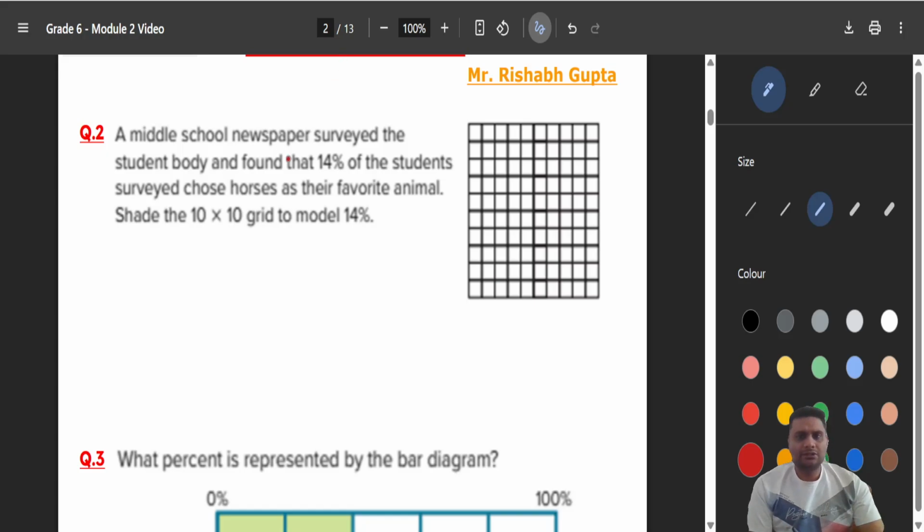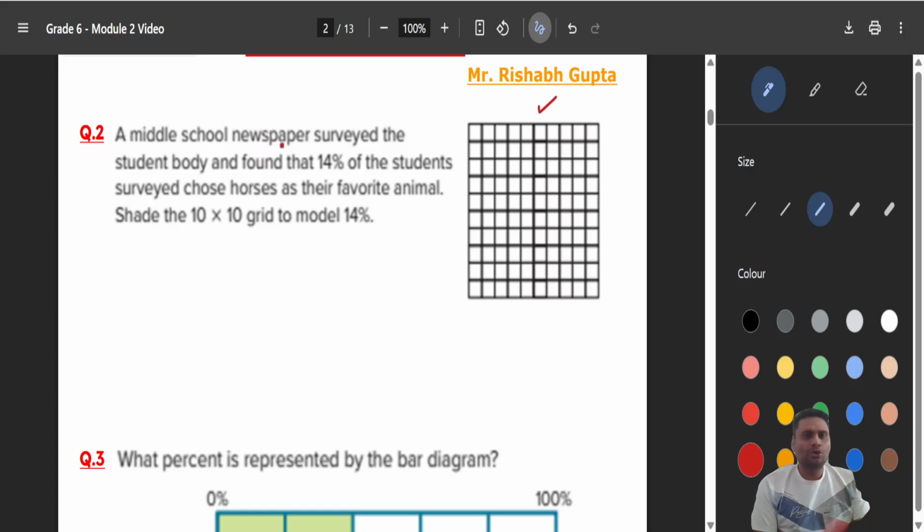Okay, in this question we have an empty grid. See, none of the boxes is colored, right? Let us read the question. What does he want us to do? A middle school newspaper surveyed the student body and found that 14% of the students surveyed chose horses as their favorite animal.